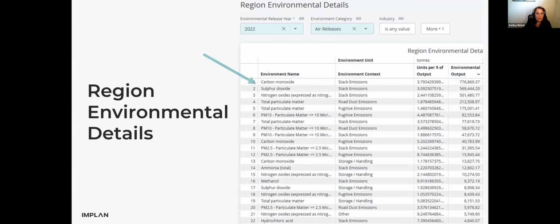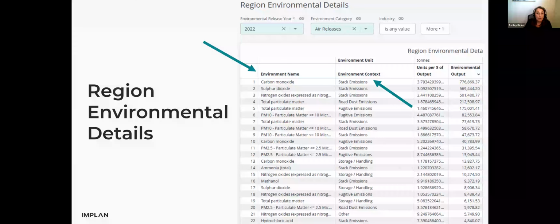First, the detailed data is available by environment name, and this is the name of the pollutant, mineral, or other substance. The second thing is that for some broad environmental categories, like air releases, we have environment context, or a set of environmental compartments that describe the flow origin or destination.